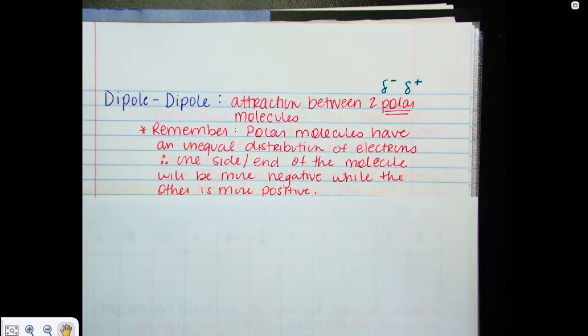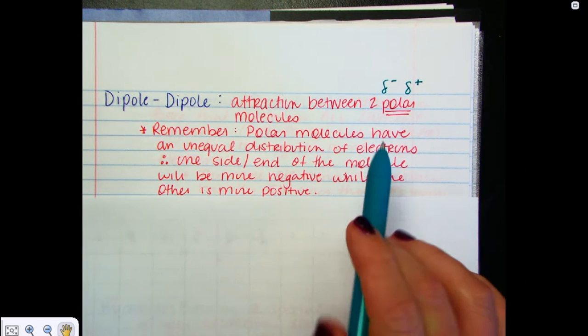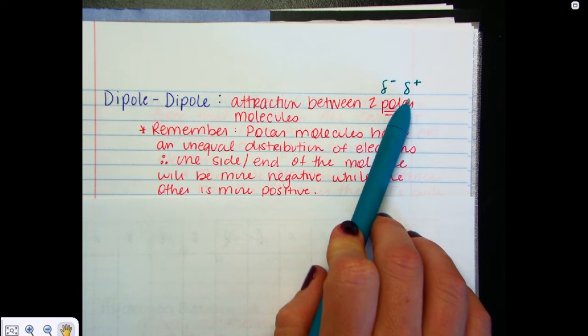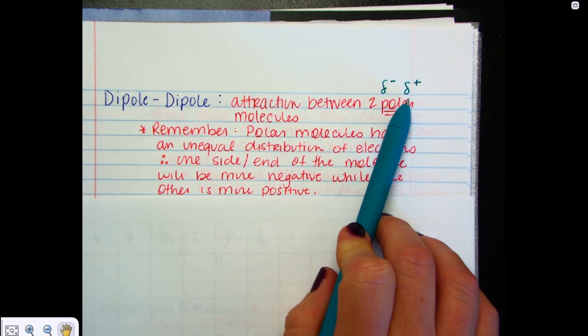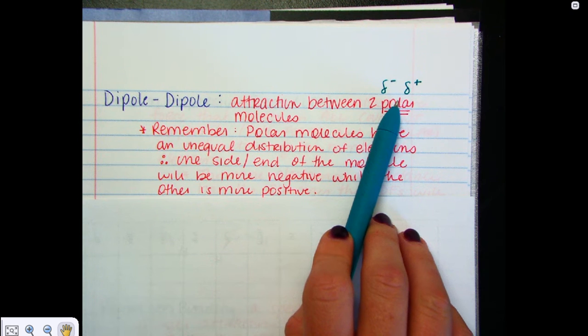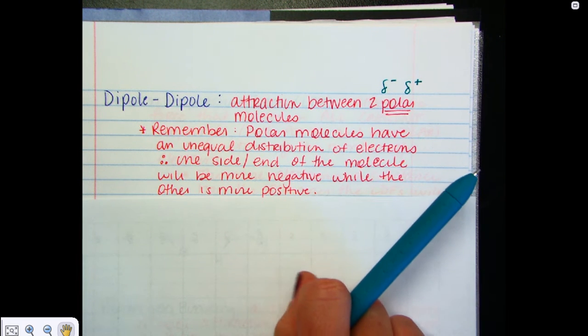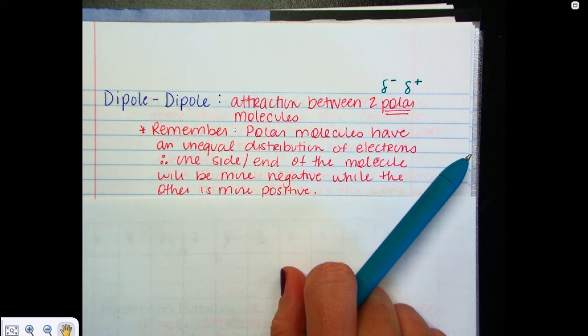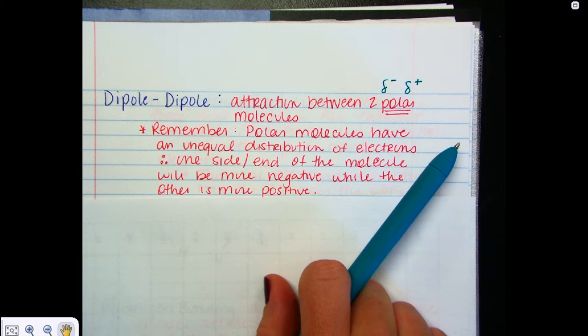I'm stressing the fact that we're talking about these as being partially negative and partially positive because their attraction to other things is a lot less than something that is ionic that has full negative and full positive charges, right? Just as an example, when we make sodium chloride, the sodium becomes fully positive.